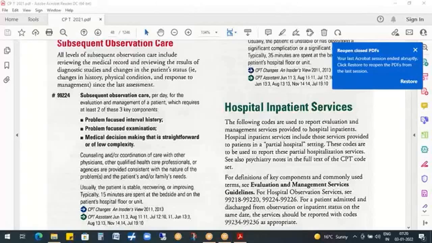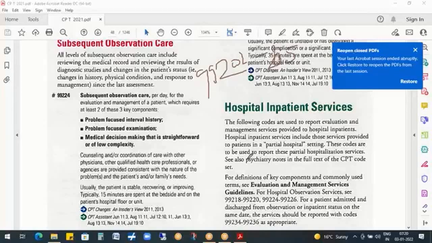See my screen. 99202 hyphen 99205. 99202 to 99205.